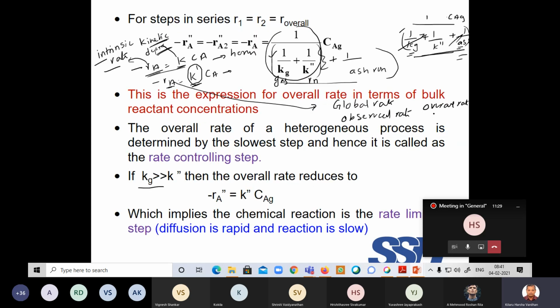In some books, it is called the apparent rate. So these are the four names which you get.